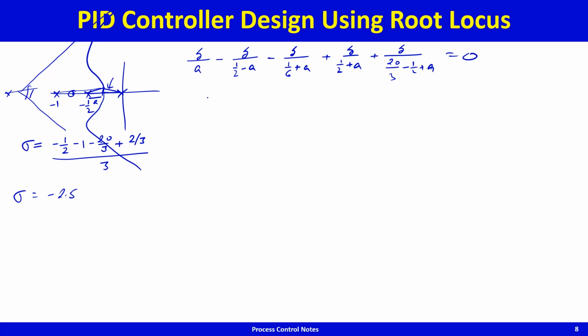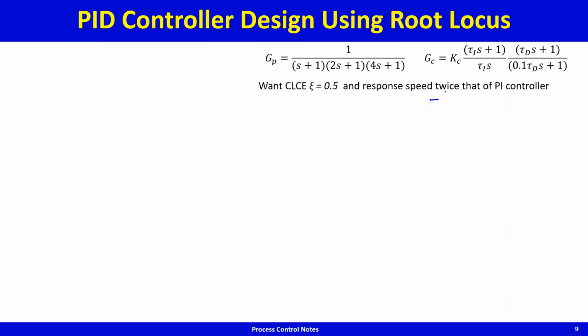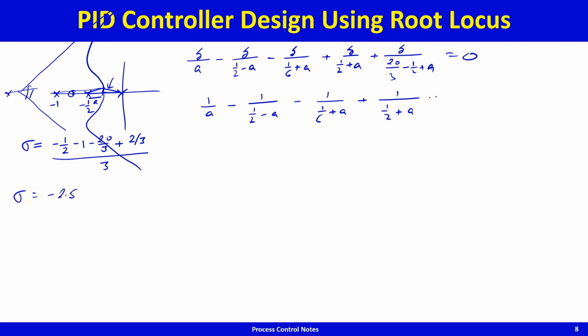And so this turns out to be 1 by A minus 1 over half minus A minus 1 over 1 by 6 plus A plus 1 over half plus A plus 1 over 37 by 6 plus A. 20 minus 3 is 37.